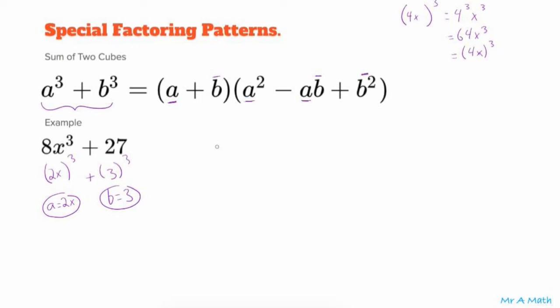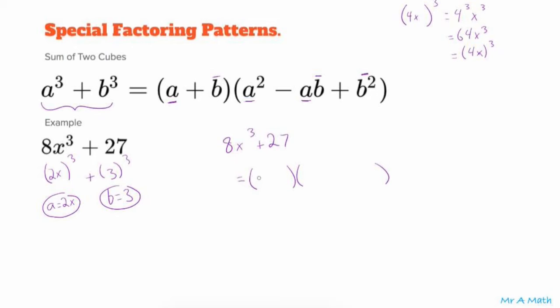So let's go ahead and do that. So 8x to the third plus 27 can be rewritten as a plus b times a squared minus ab plus b squared. But I'm not going to write that out. I'm just going to plug in a and b now.